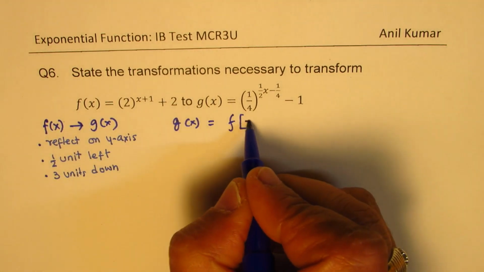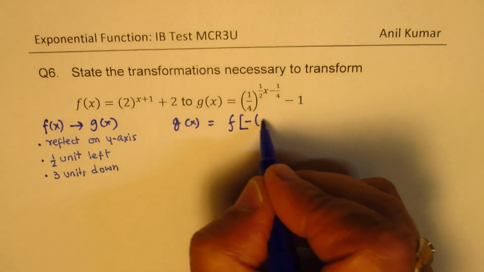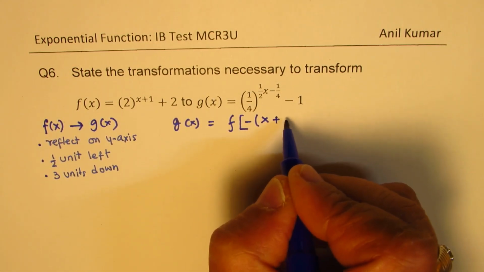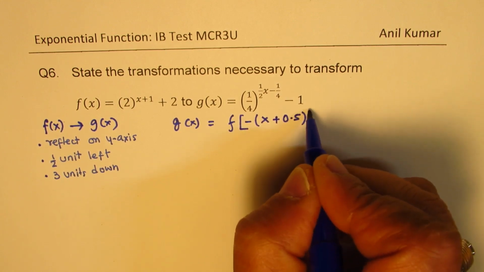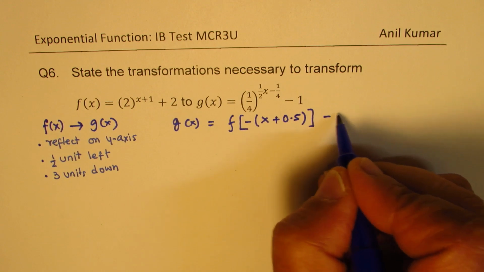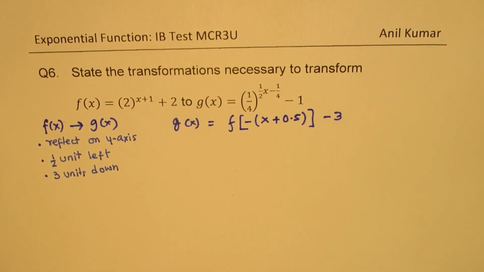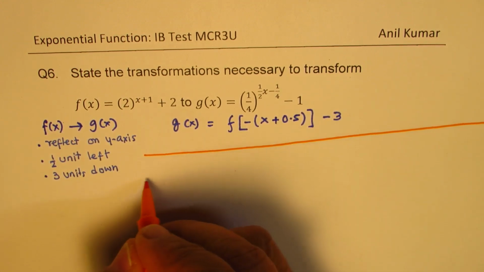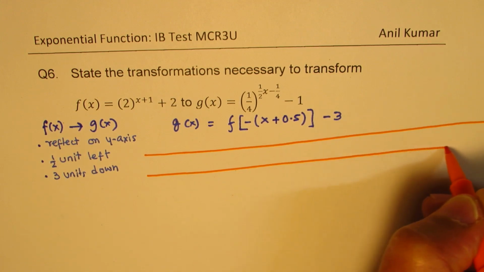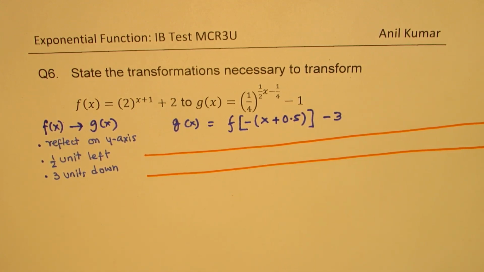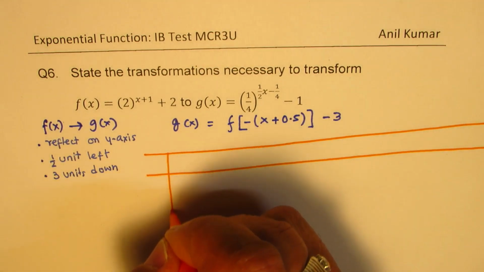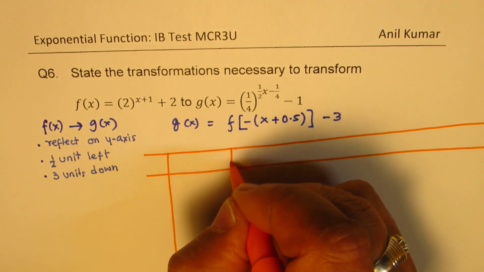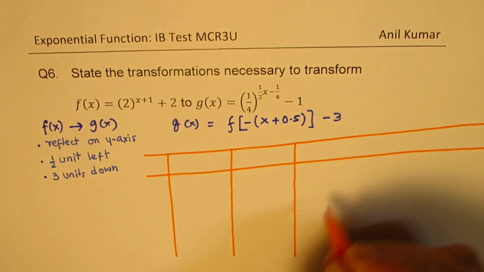Reflection on the y-axis means negative, half unit left means x plus half, and 3 units down means minus 3. Is that clear to you? So that becomes our transformation. What we are going to do now in this exercise is verify with a set of points. We'll make a table of values with the points and do the calculation to verify.